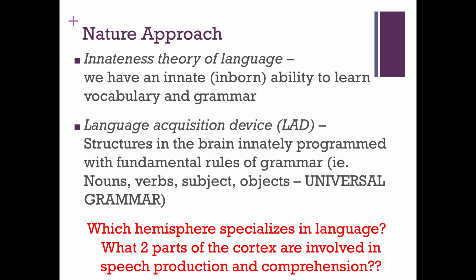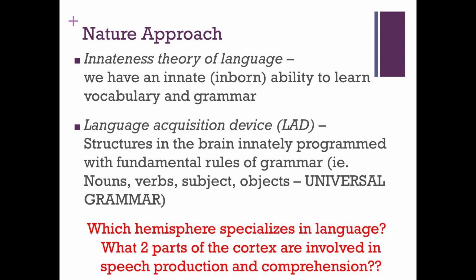Chomsky's theory is that we are born with these structures in our brain that are programmed with the fundamental rules of grammar. He calls this the language acquisition device, or the LAD. So this means that, again, we're hardwired to understand and to develop our ability to use grammar.